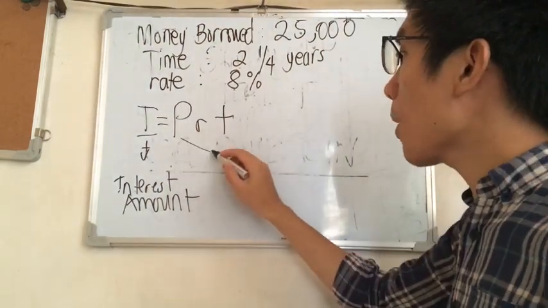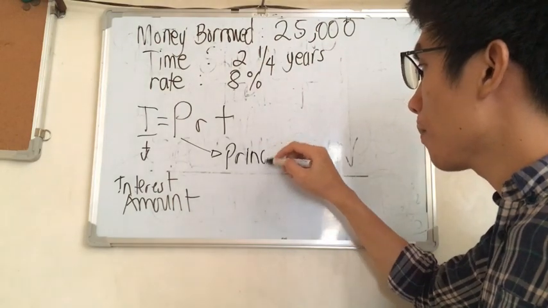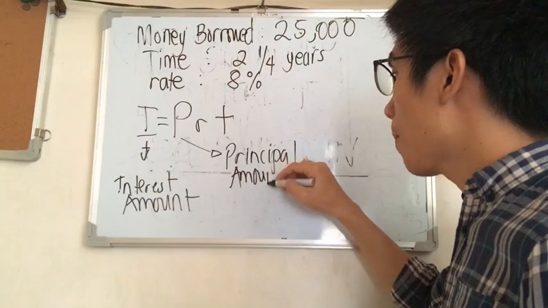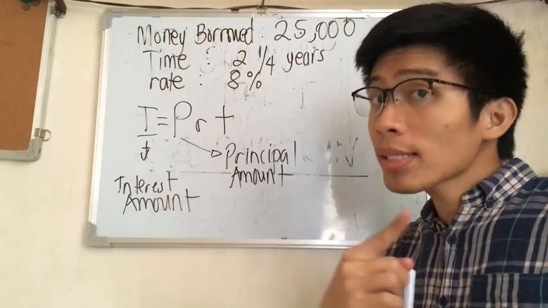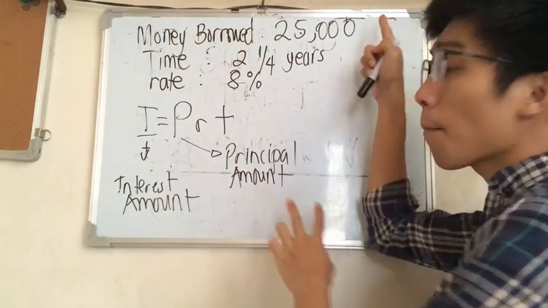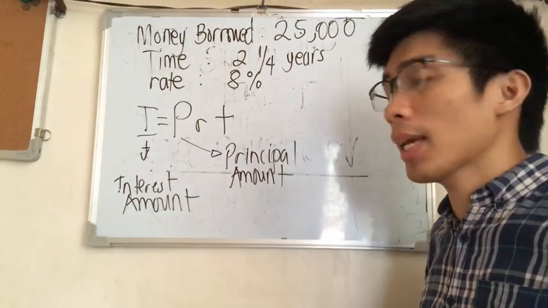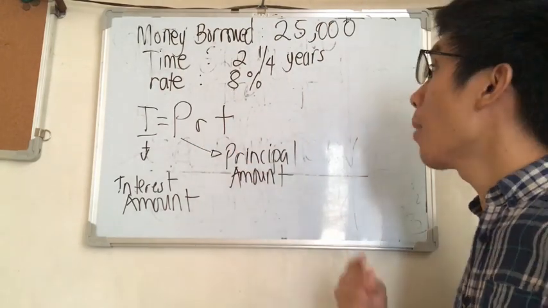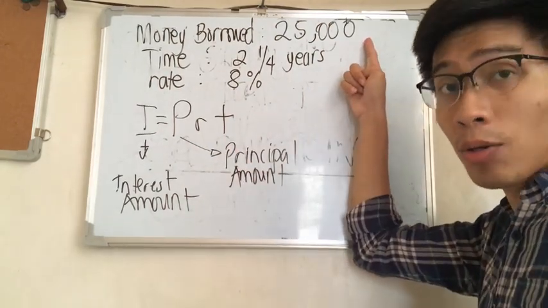When you say P, that is the principal amount. What is the definition of principal amount? Principal amount is the amount you borrowed. So in my example, the principal amount, or the money that I borrowed, is 25,000 pesos.